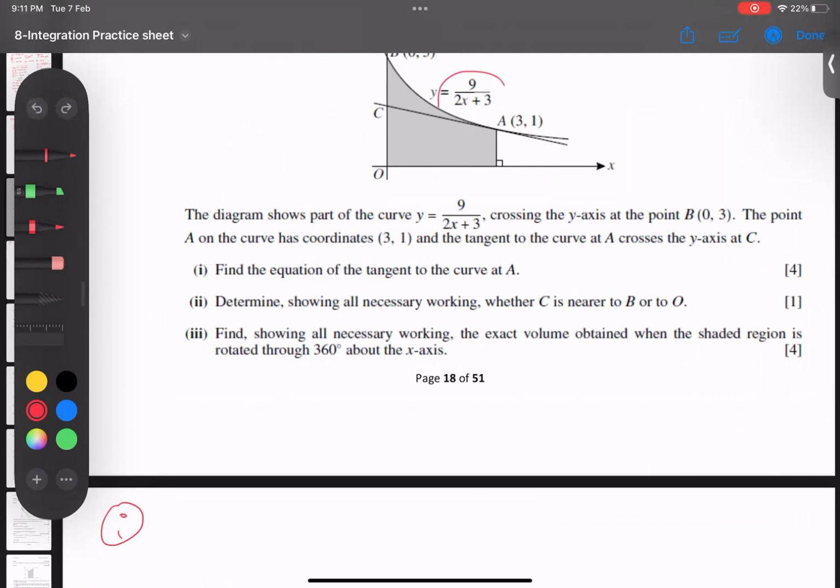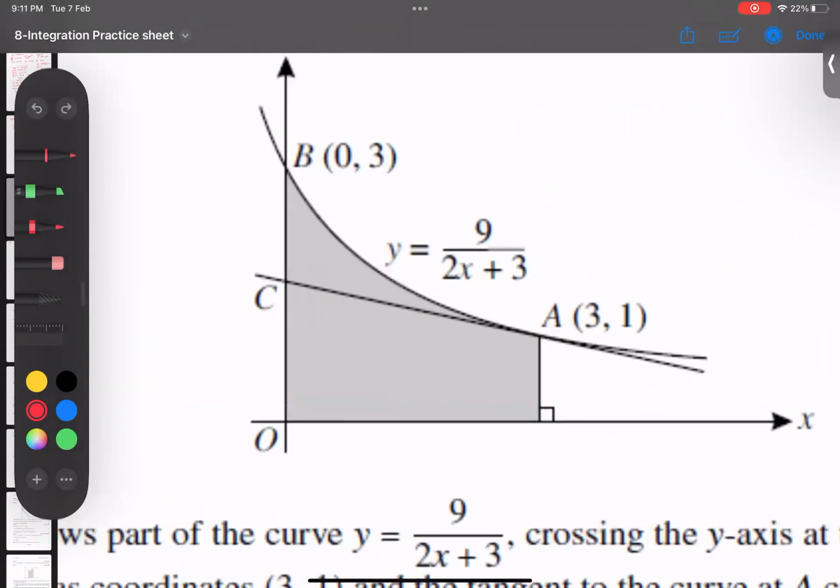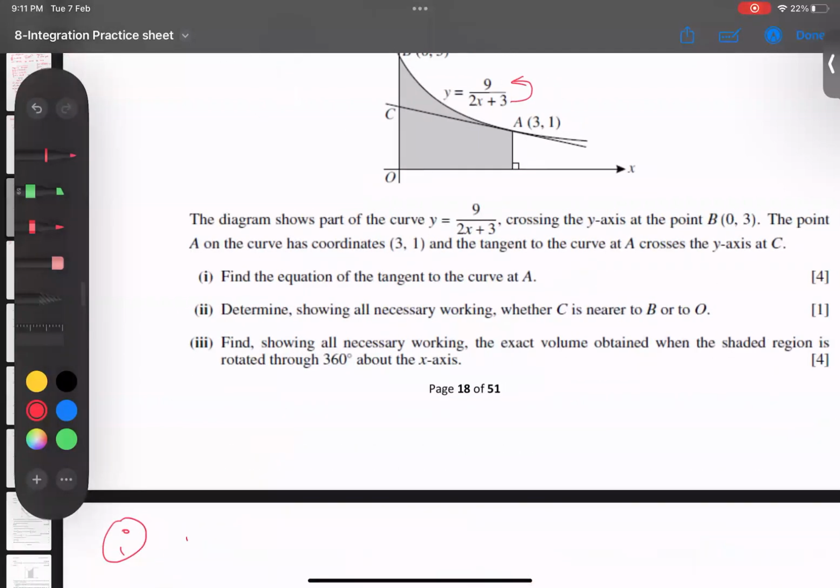It means, first of all, I will differentiate this equation of the curve. But can I differentiate directly? No way. I am bound to rewrite it. So let's start. y equals 9 times (2x plus 3) to the power minus 1.